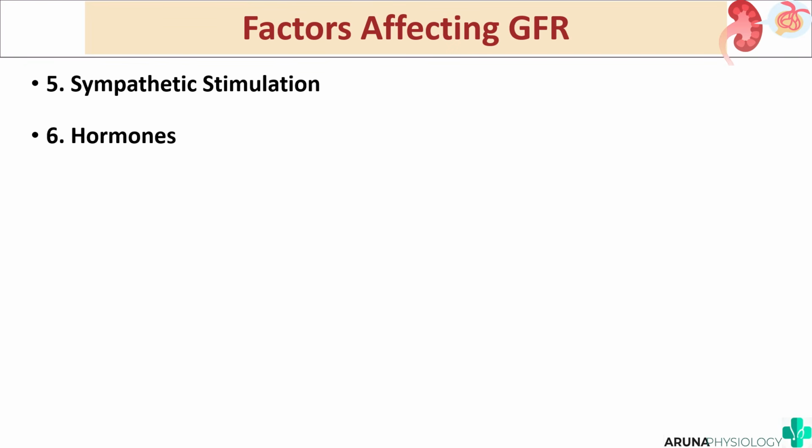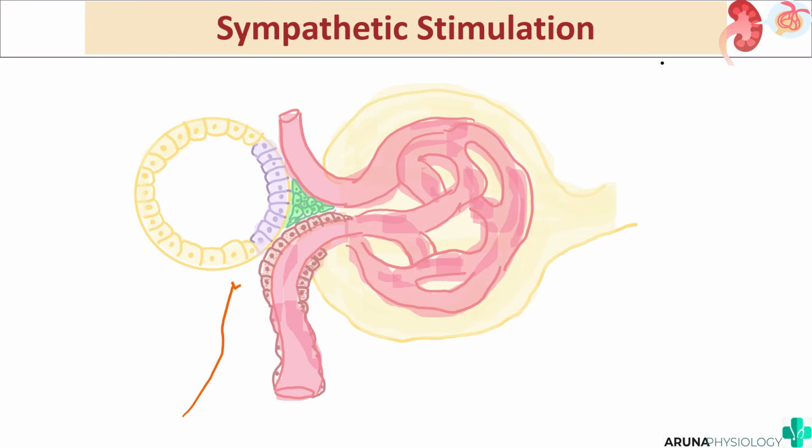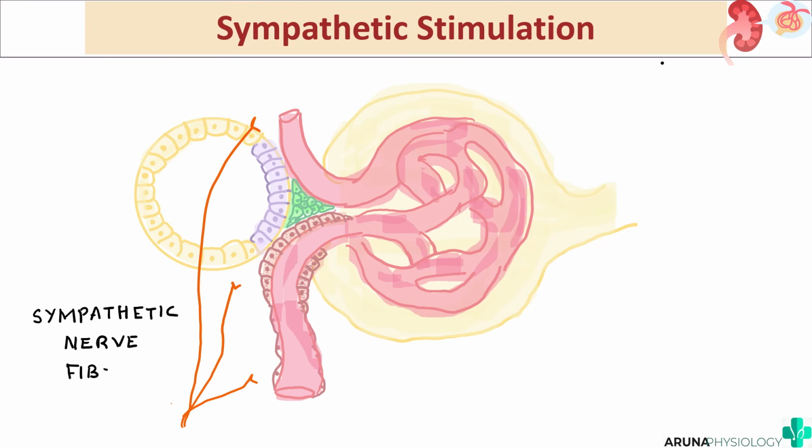So when there is sympathetic stimulation, we know that we've got the sympathetic nerves supplying the kidney, which release the neurotransmitter norepinephrine, which will bind onto the receptors present on both afferent and efferent arteriole. We've got alpha 1 receptors present on the afferent and efferent arteriole. Not only that, we've got the beta 1 receptors present on the juxtaglomerular cells, which also respond to sympathetic stimulation.